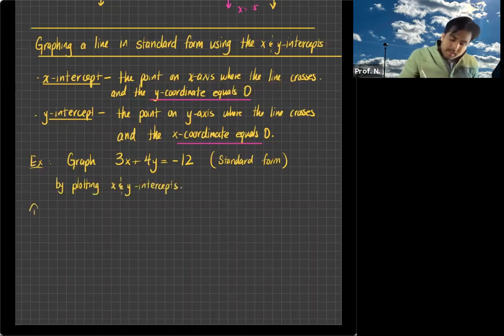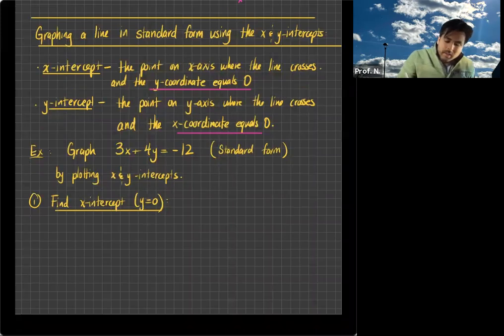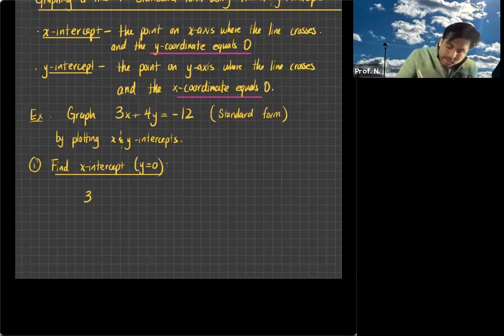So I need to find the x-intercept. Now, to find the x-intercept, what's important is to realize that y must equal 0. First thing. So find the x-intercept, y equals 0. So if y equals 0, then look what I could do. I can write 3x plus 4 times 0 equals negative 12. So the first thing is set y equal to 0.